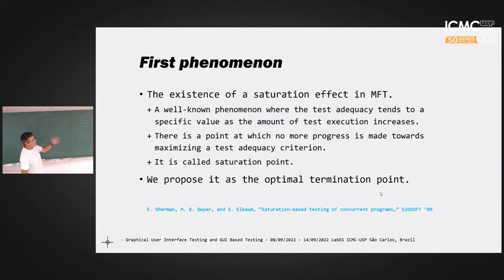If you run a random process for a long time, the random process reaches a saturation. This is called the saturation point. And we want to use the saturation point as the termination point. Correct?